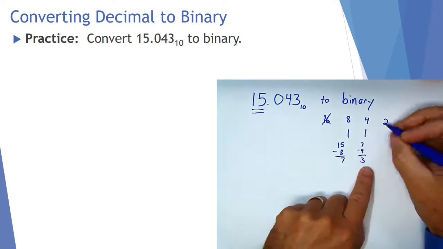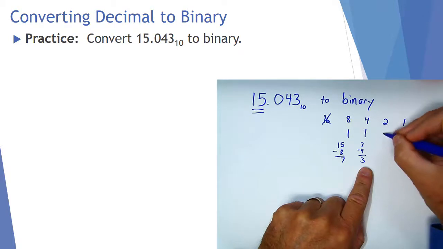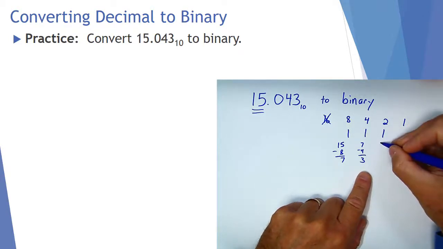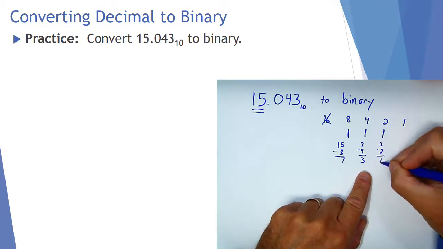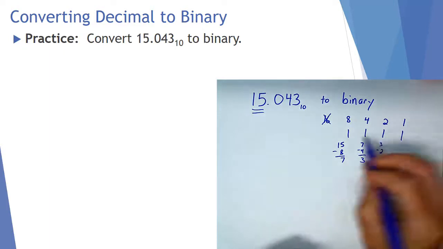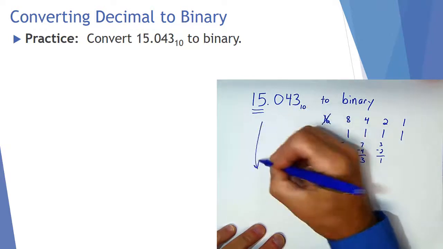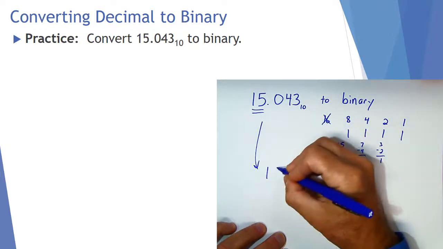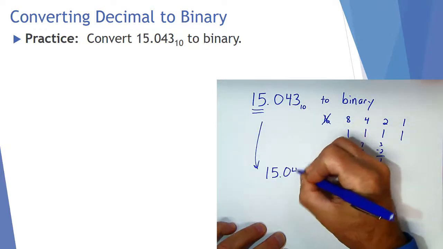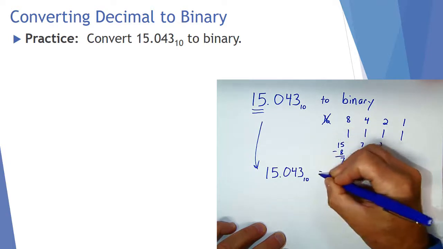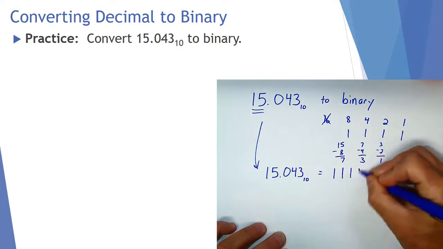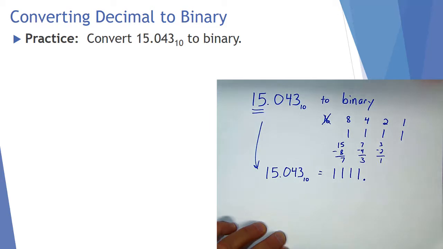That leaves us with a 3. 2 fits into 3, so we'll have a 1 there. And a remainder of 1. So 15 is equal to 1111 in binary. So at that point, we know what the first part of our number is going to look like. 15.043 base 10 is the same as 1111 point something base 2.